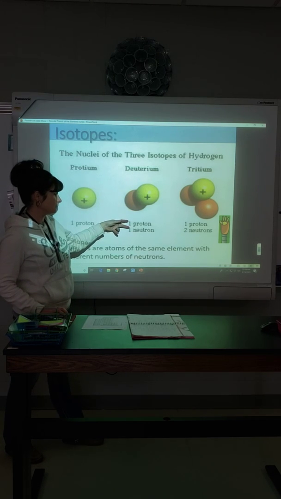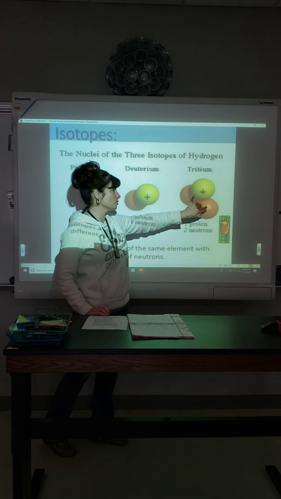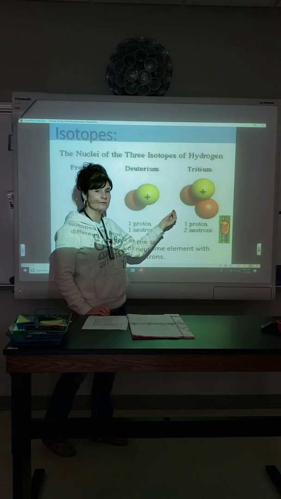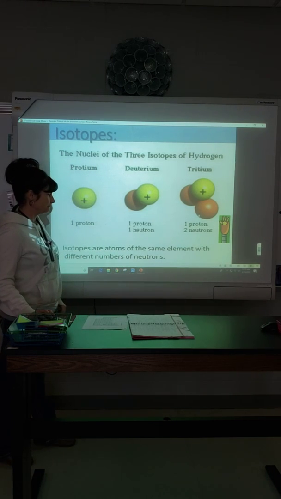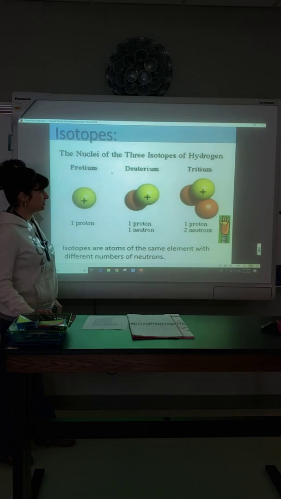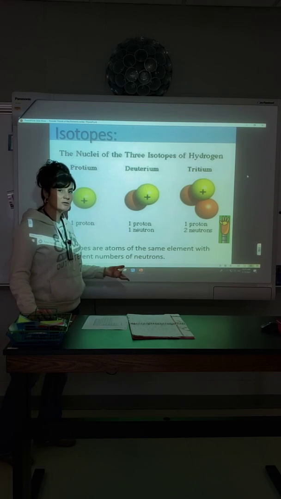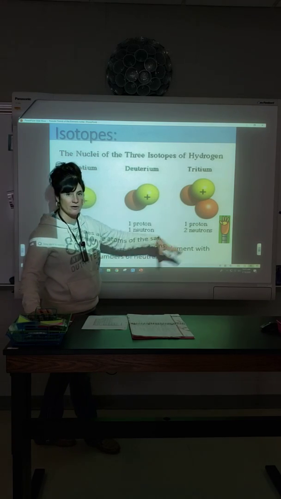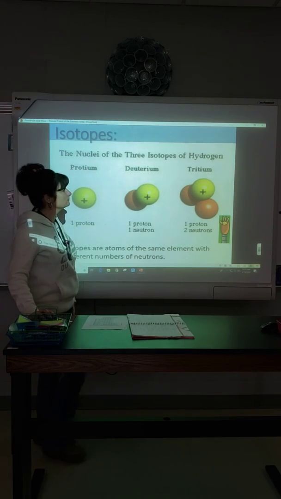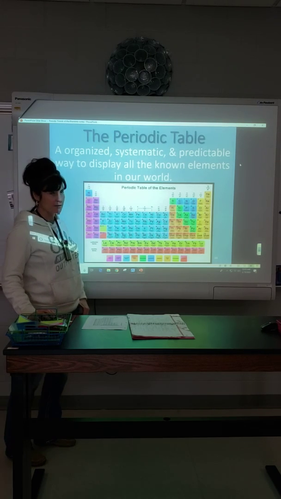Because it has a mass number of 2. Here the tritium has a mass number of 3 because there's 1 proton and 2 neutrons. So when you add those up, you would get a mass number of 3, okay? So it's all the same element, but it's just how many neutrons you have. And when you add that nucleus up, which is the protons and the neutrons together, that gives you your mass number. Don't forget that isotope video from the Brain Pop either.